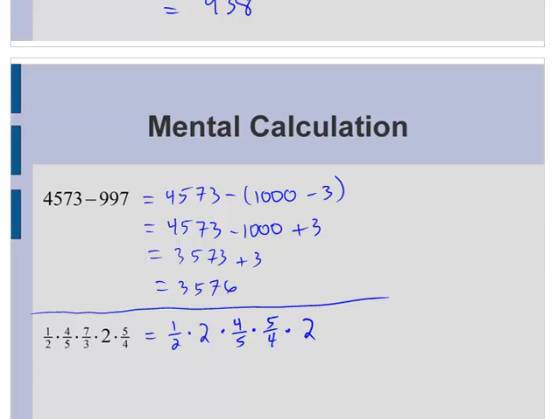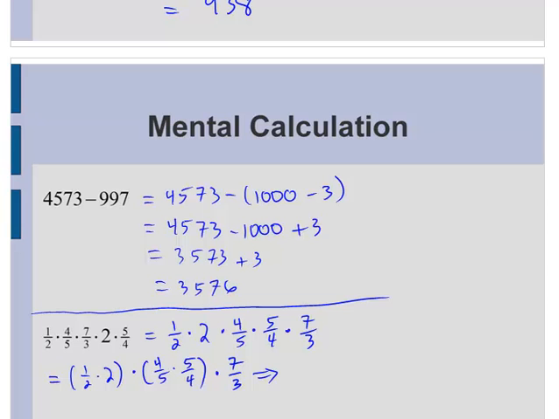Now, let me regroup this as 1/2 times 2, times 4/5 times 5/4, times 7/3. Sorry, that shouldn't have been a 2 there. That should have been a 7/3. Now notice I've got 1/2 times 2.